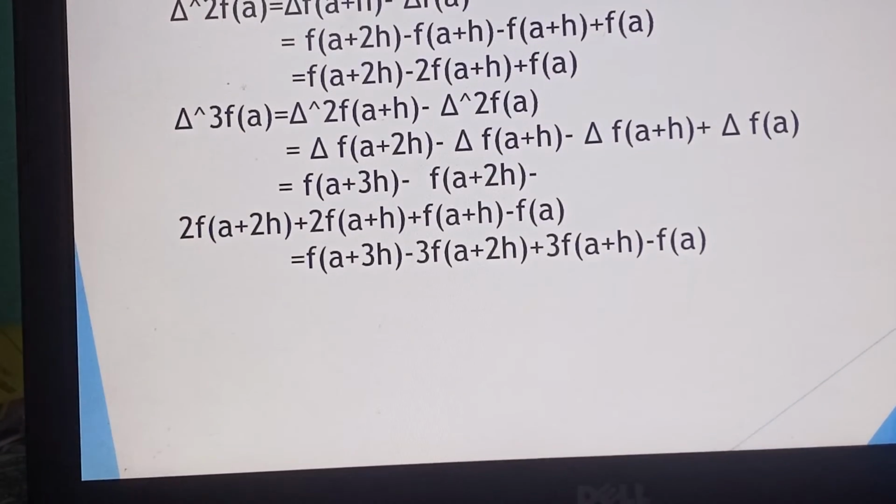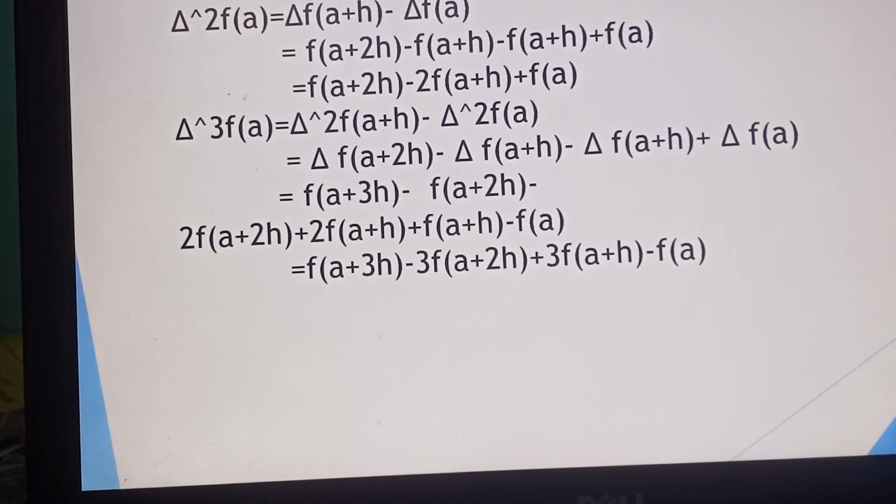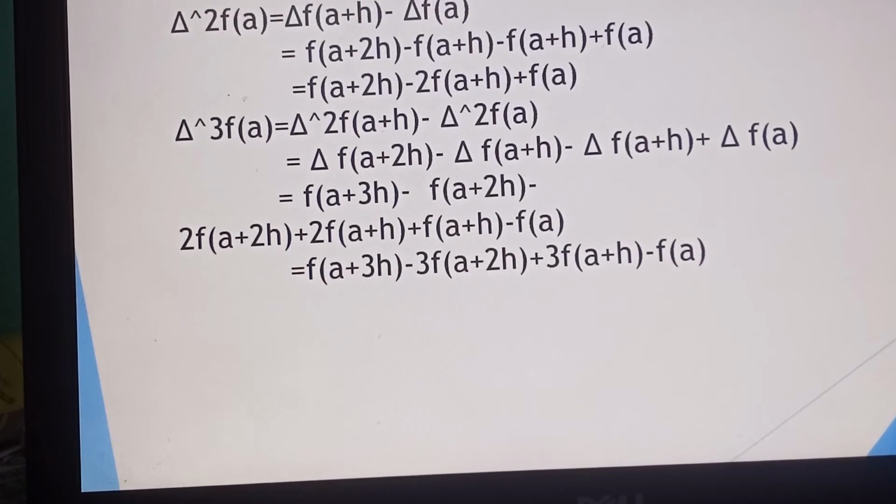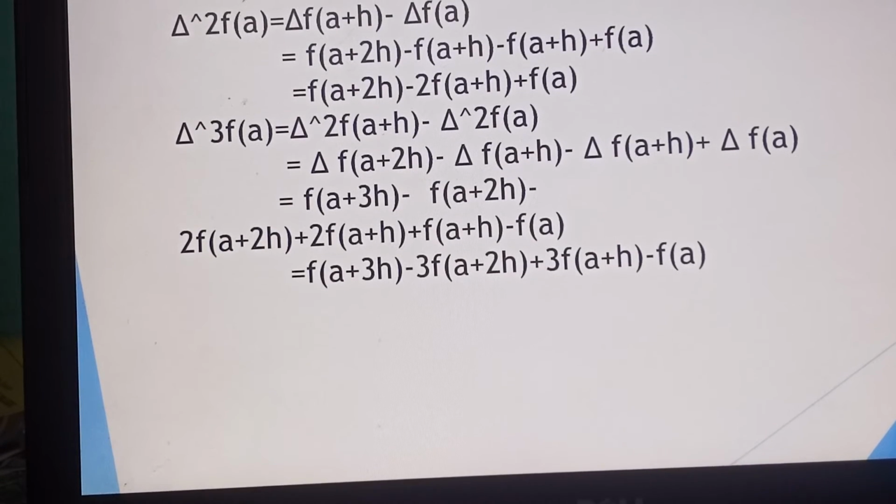We get the value, that is f of a plus 3h minus 3 f of a plus 2h plus 3 f of a plus h minus f of a.